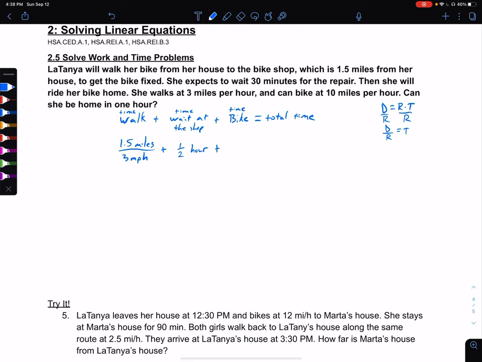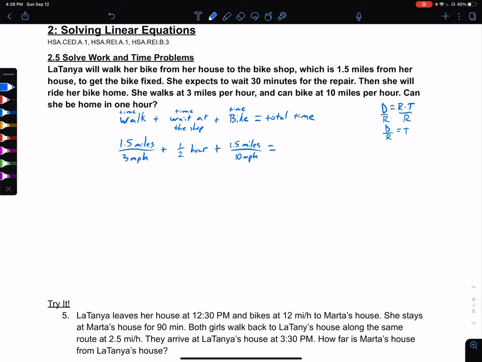All right, and then we also need to add up the time biking. And remember, time is going to be equal to the distance divided by the rate. So the distance is once again that 1.5 miles because she's going the same way home. And this time it's going to be divided by 10 miles per hour because she can definitely ride her bike faster than she can walk.